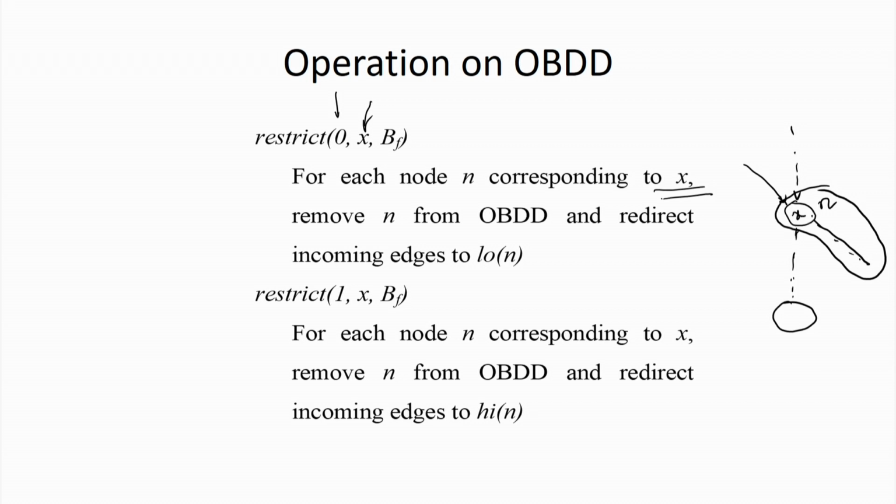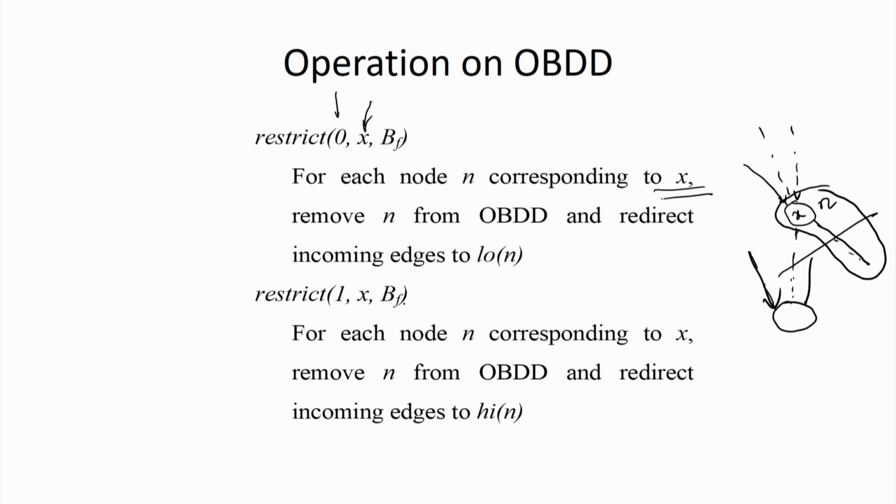All those incoming edges will then be redirected to the low of n. Similarly, restrict 1 x of f works the same way, except that the redirection goes to the solid lines. So, we can do simple manipulation in the BDDs to get the restrict operation.